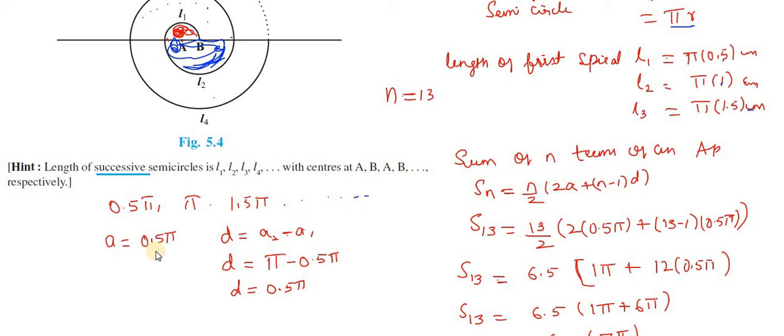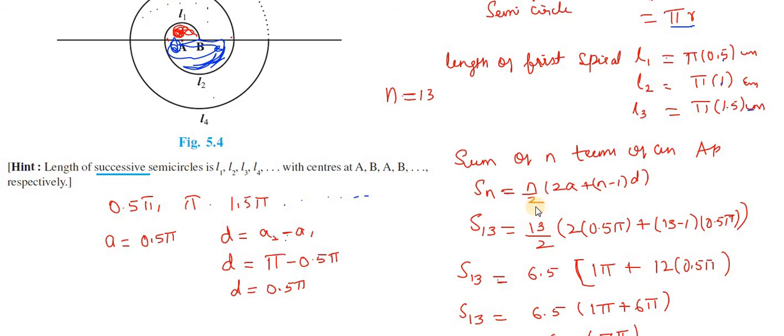Here a value is 0.5 pi, d value is a2 minus a1, that is pi minus 0.5 pi. So d is equal to 1 minus 0.5, that is 0.5 pi. Then the sum of n terms of an AP, Sn, is equal to n by 2 into 2a plus n minus 1 into d.